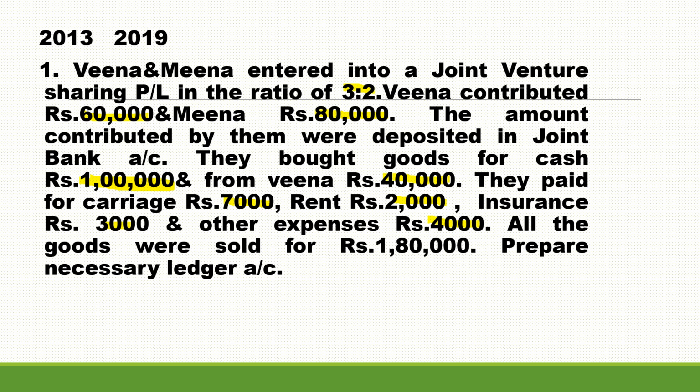All goods were sold for 1,80,000. It is called sales. When you sell, goods go out, cash comes in. So the two accounts will be joint venture account and joint bank account. Prepare necessary ledger account.